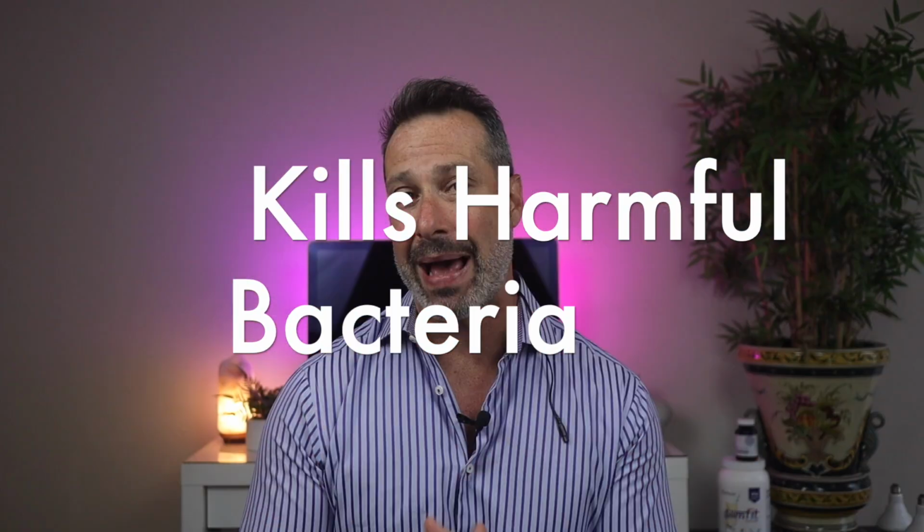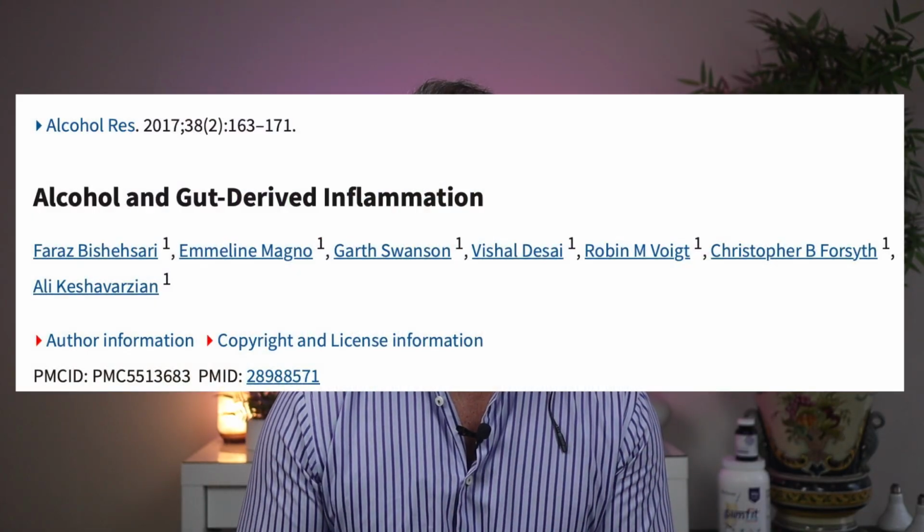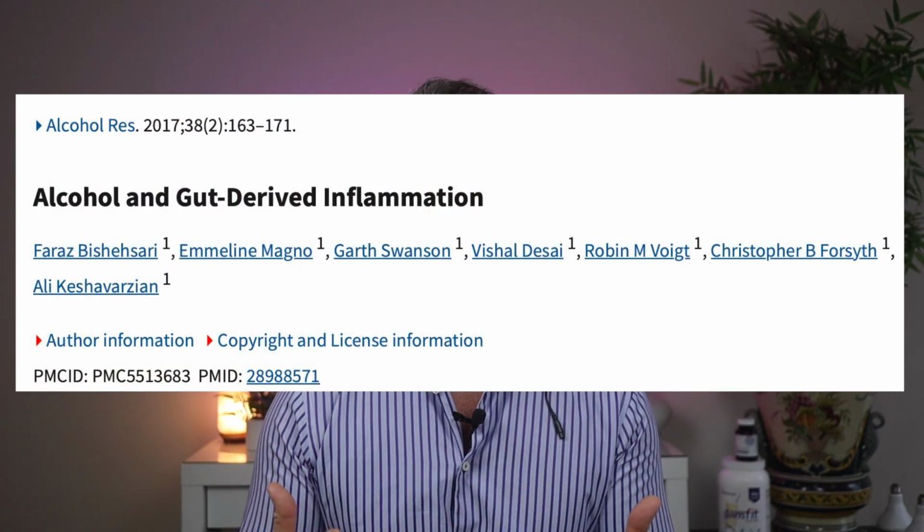Alcohol disrupts that pH balance, and it can reduce stomach acid in some people, leading to poor digestion, poor nutrient absorption, nutrient deficiencies, and a greater chance of bacterial overgrowth. For others, it's going to increase acid production, which irritates the stomach lining even more, contributing to acid reflux, heartburn, and even ulcers. Either way, altering the stomach pH makes it much harder for your gut to function properly.